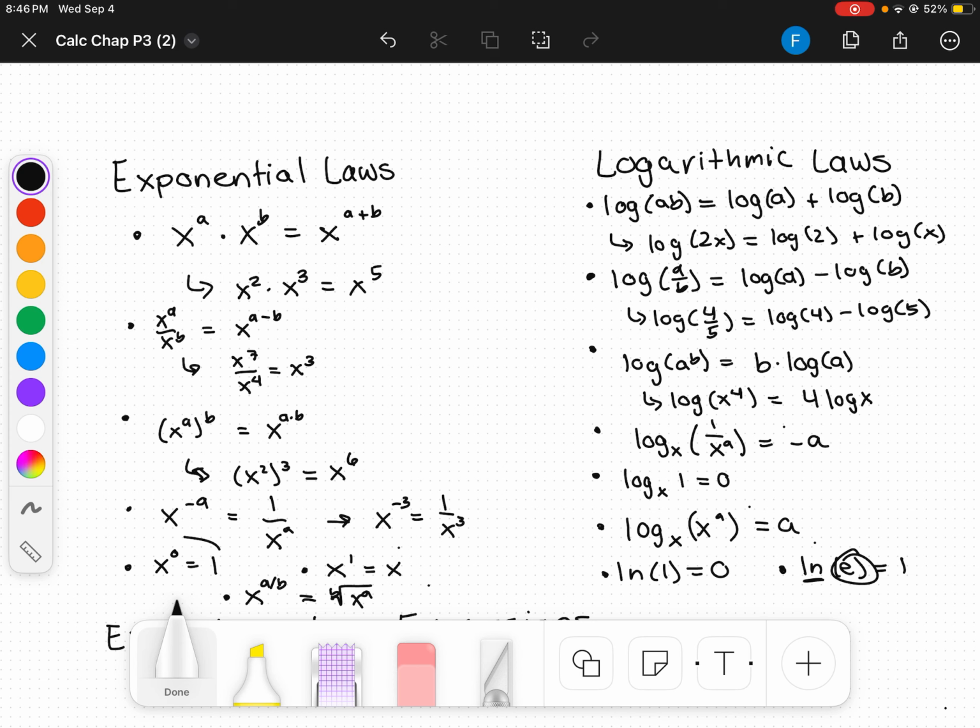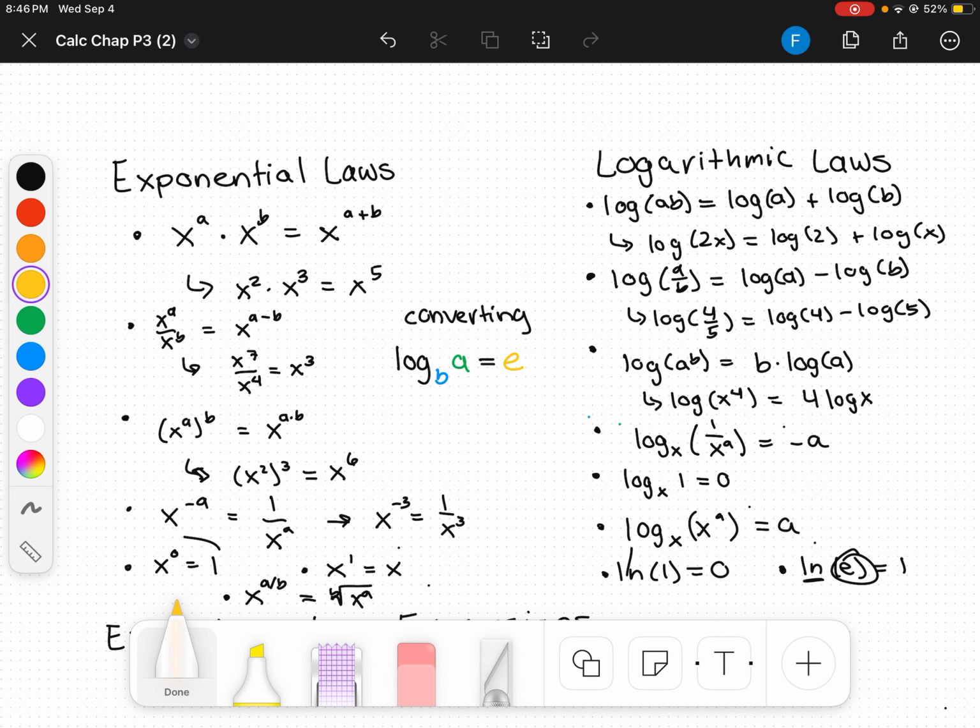Okay, so here's how you convert back and forth between forms. If you ever see something in this format, I'm going to use some fun colors here. I'm going to put a B for base, an A for answer, and an E for exponent. If you ever see this, I call it log bae: base, answer, exponent.